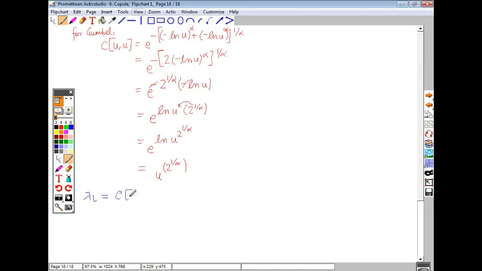I guess it was just C of u comma u upon u, right? But again, tell me one thing. What do you guys think is going to happen if I try to figure out my lower tail dependence? Anyone?